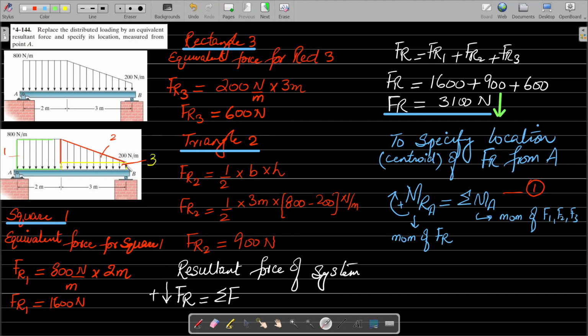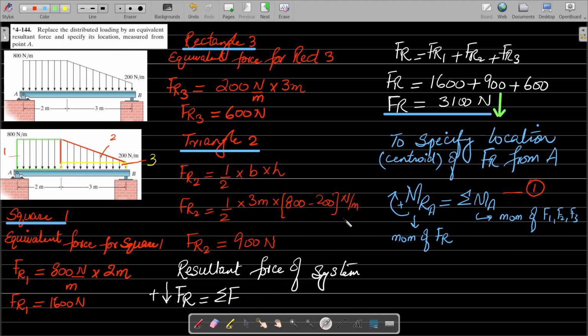Now we go to the triangle. To calculate its resultant force, which we call Fr2, we take the area of the triangle, which is half into base into height. The base of this triangle is 3 meters, and the height can easily be calculated as 800 Newton per meter minus 200 Newton per meter, giving 600 Newton per meter.